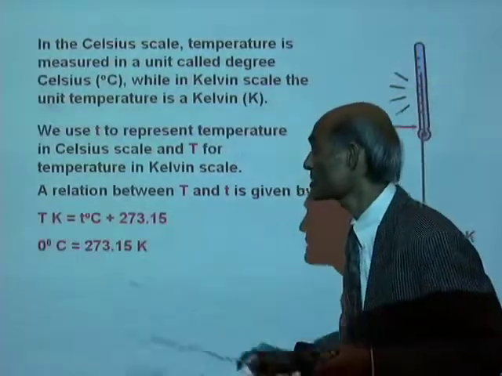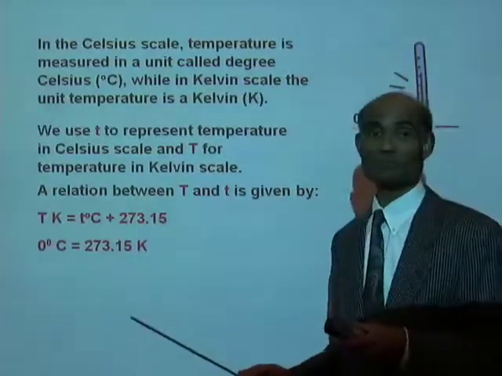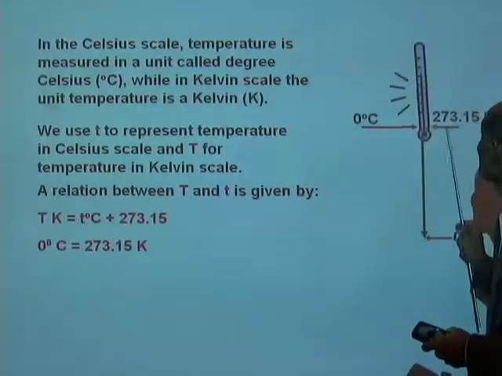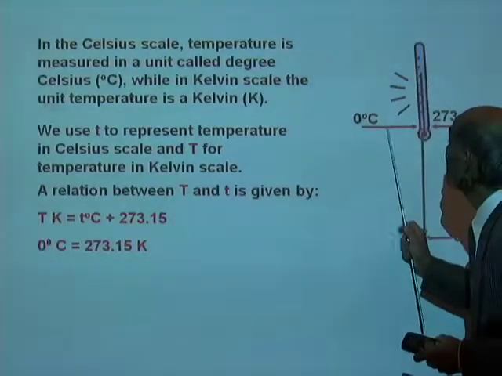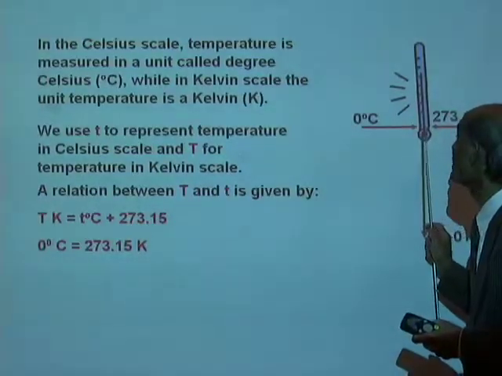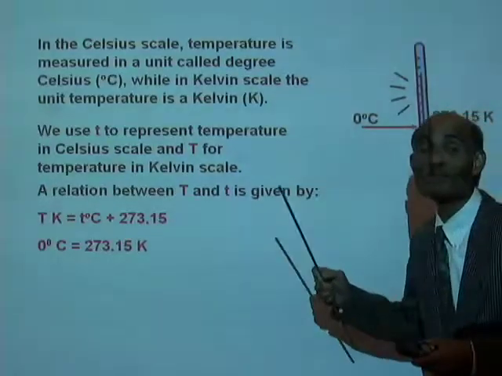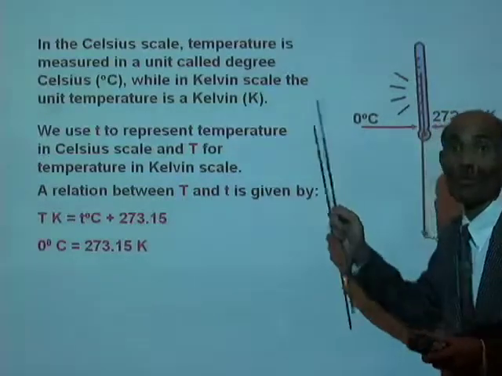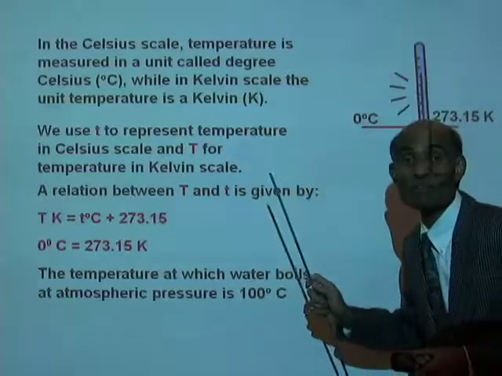0 degrees Celsius is 273.15 Kelvin. Most of you know this already. Now, this is called the lower fixed point of the thermometer. What is the lower fixed point? It's the temperature corresponding to the melting of ice. The temperature corresponding to boiling of water is the upper fixed point.